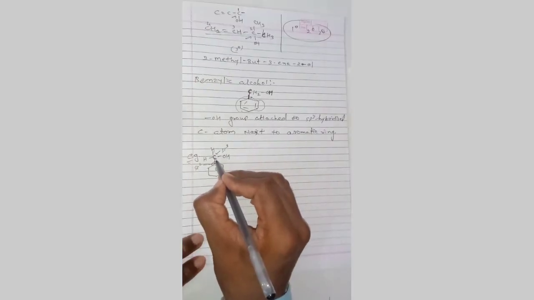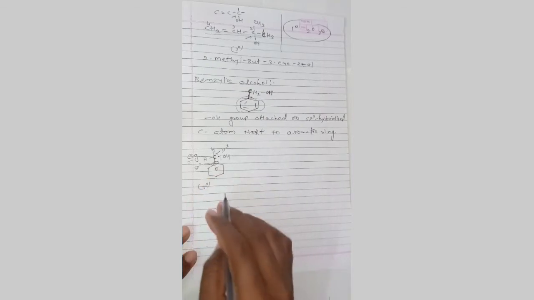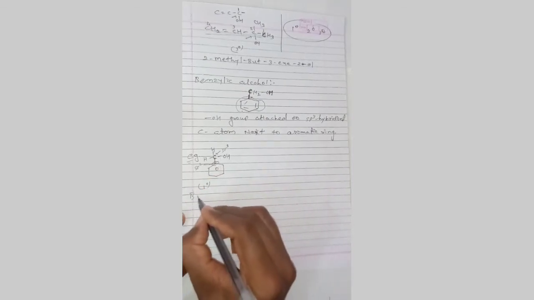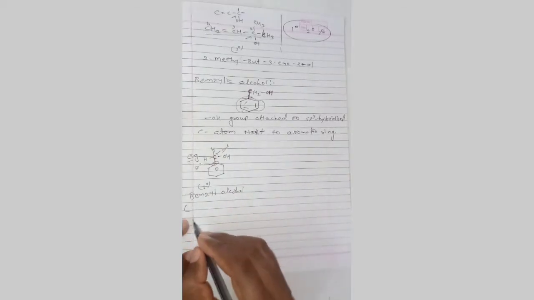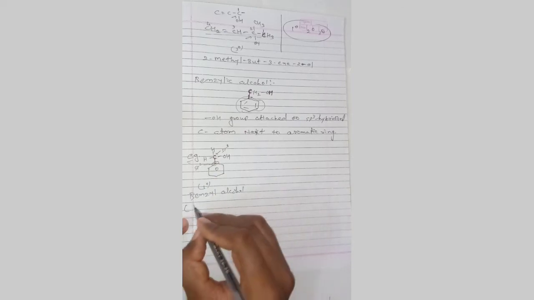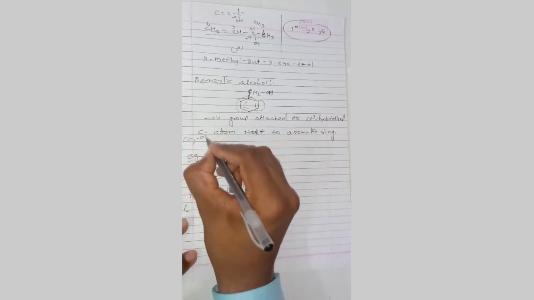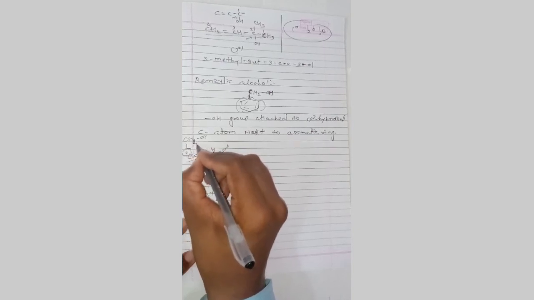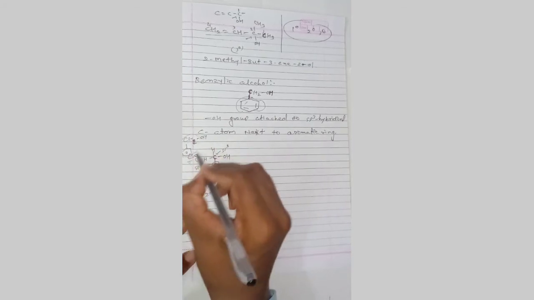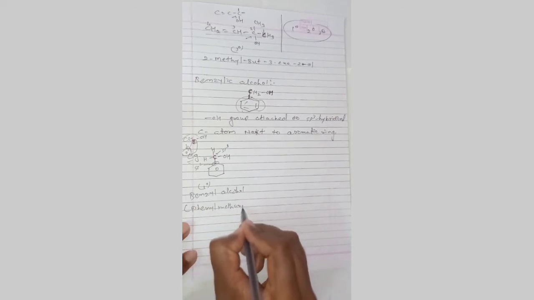Now this carbon is bonded with a single carbon, so it is primary benzylic alcohol, and its name is benzyl alcohol, or its IUPAC name here phenylmethanol, because here CH3OH and one phenyl is attached and hydrogen will be replaced. So this is said to be phenylmethanol.